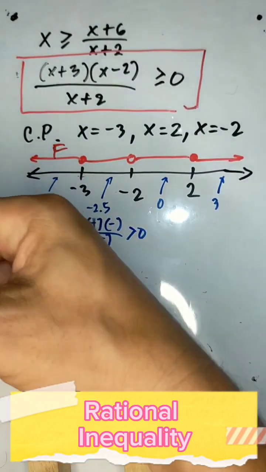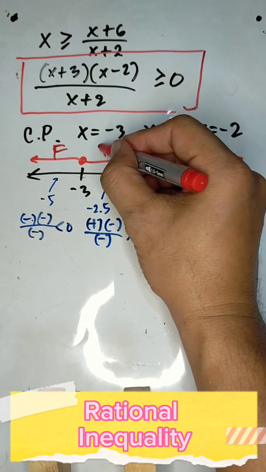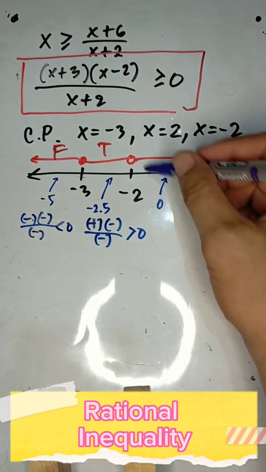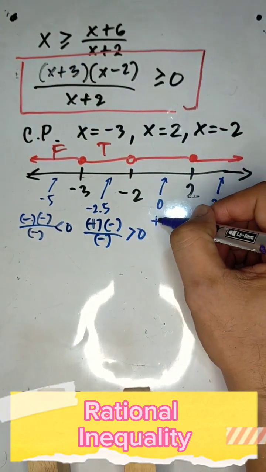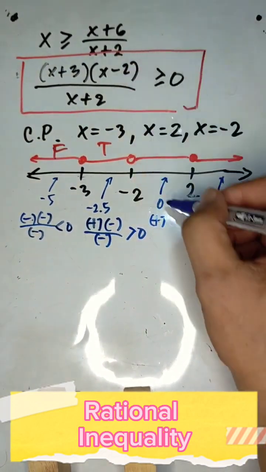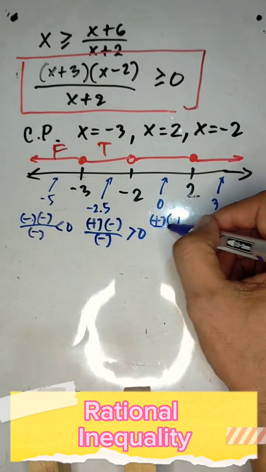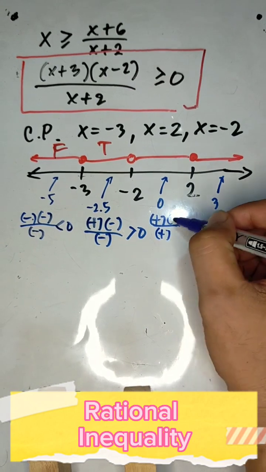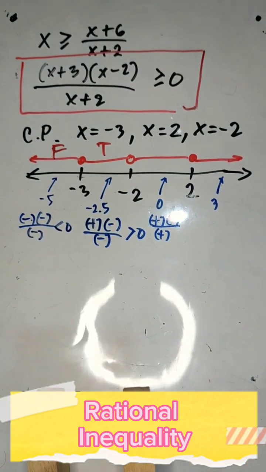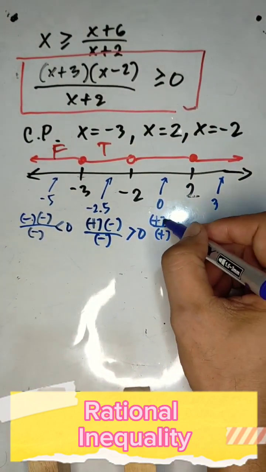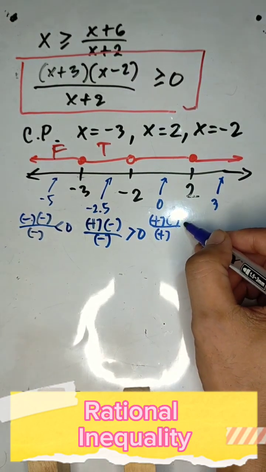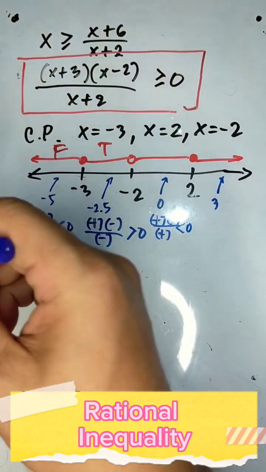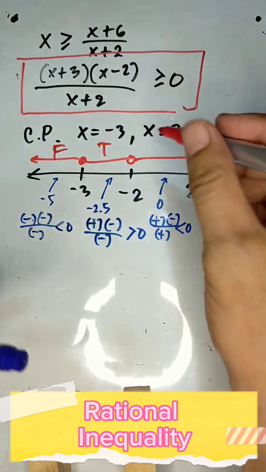So this interval here is true. Next, if we get 0, 0 plus 3 gives us positive. 0 minus 2 gives us negative. Then 0 plus 2 gives us positive. So all in all, positive times negative is negative, divided by positive is negative. So this interval here is false.